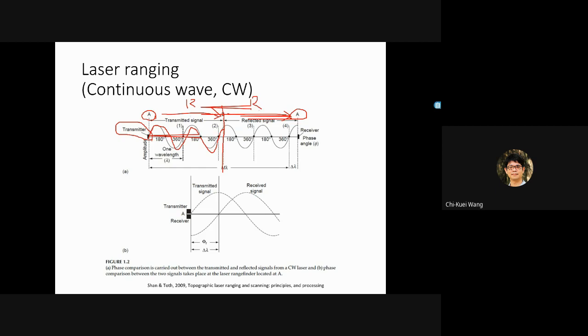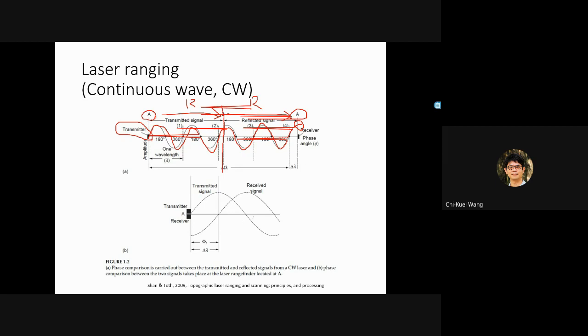So we extend it furthermore, and then we can continue with this phase figure, by continuously going there. So this is where we will know what the resultant phase is when the signal comes back to the receiver. This is just a trick.